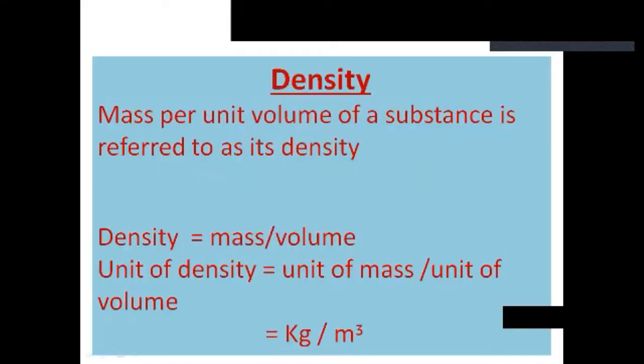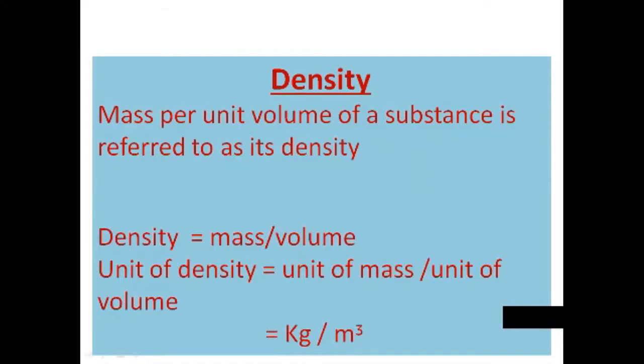Density of a substance: mass per unit volume of a substance is referred to as its density. That is, the density of a substance is mass per unit volume. Mass and volume are different for different substances, and mass per unit volume is known as density.